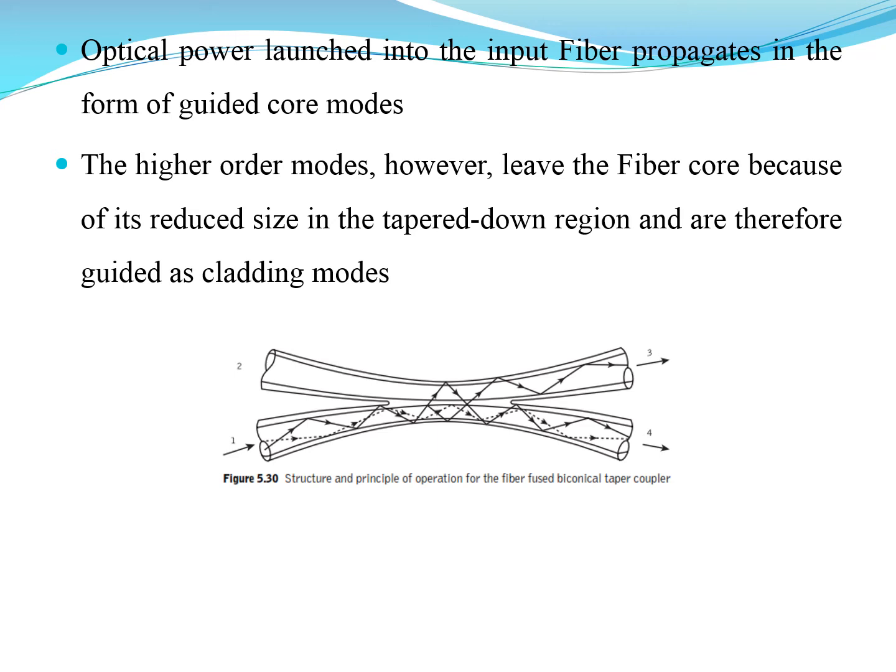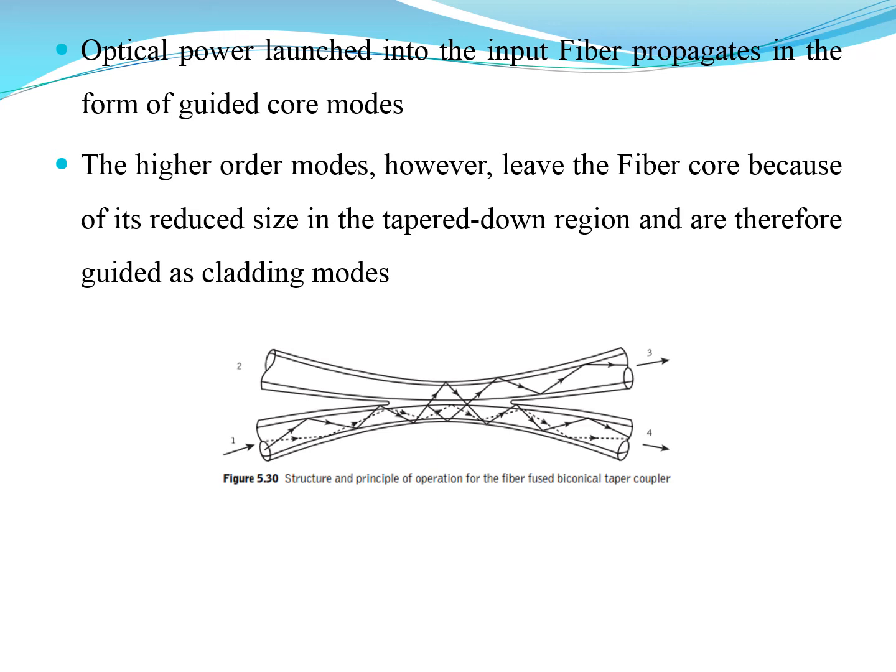In this, higher order and lower order modes are separated, so that the higher order modes leave the fiber core because of the reduced size in the tapered region, and therefore they are guided as cladding modes.